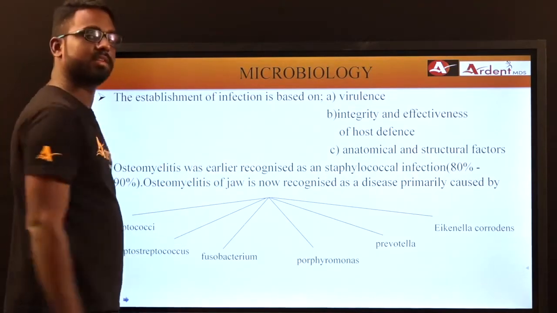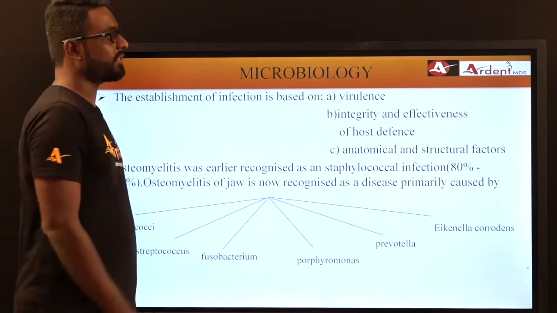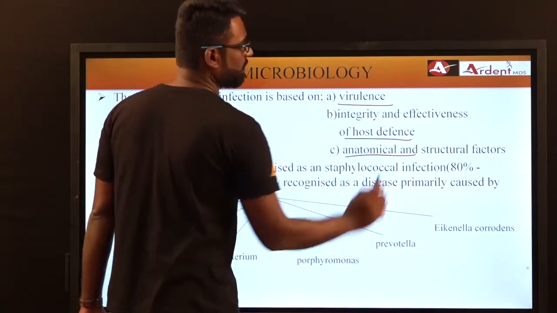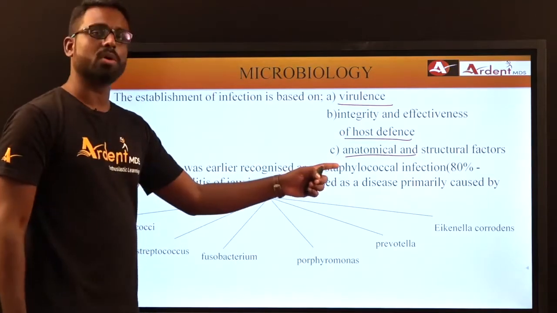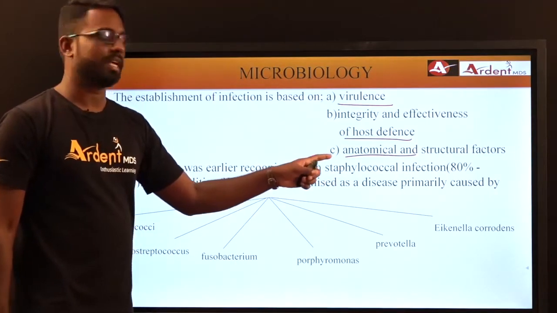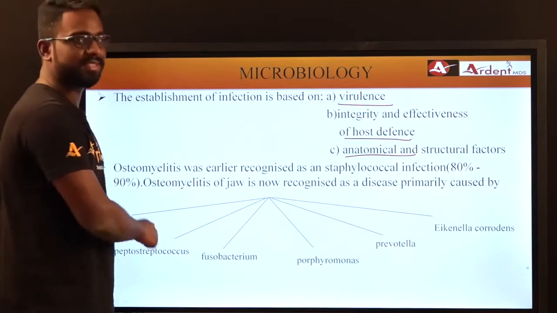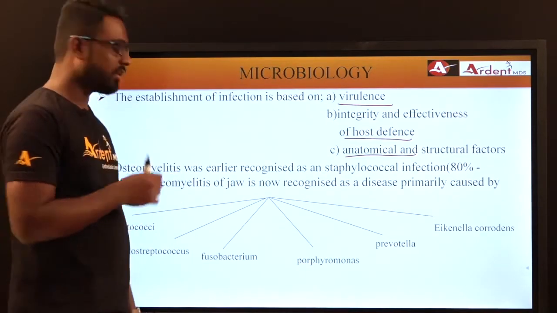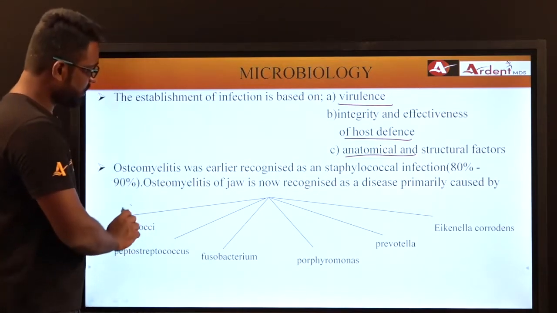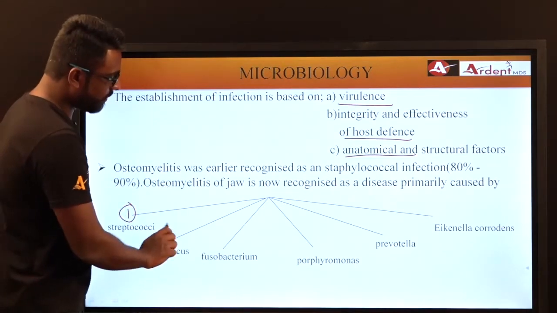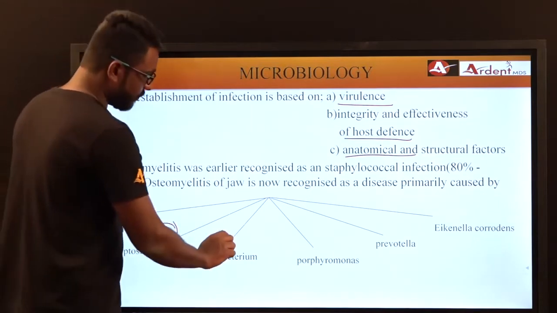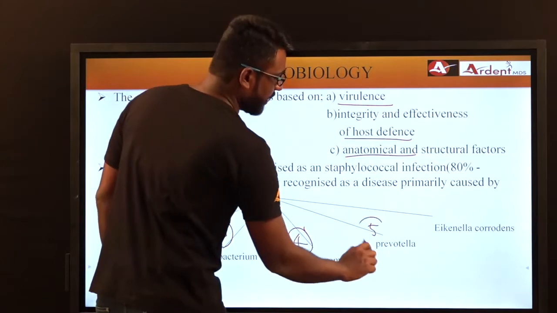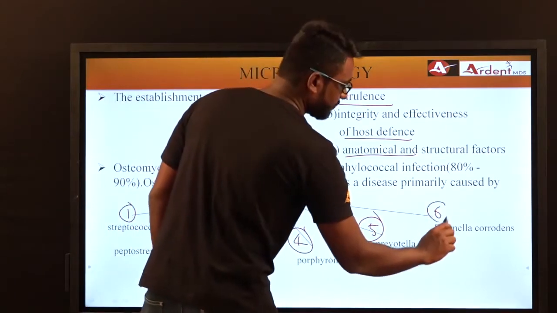We all know that some virulent organism causes osteomyelitis. It is based on its virulence, the host, and also anatomical and structural factors. As we know, it is more commonly seen in the mandible than the maxilla. What have recent studies found? Do only staphylococcal species cause osteomyelitis? No, they have also found Streptococcus species, Peptostreptococcus, Fusobacteria, Porphyromonas, Prevotella, and Eikenella corrodens.